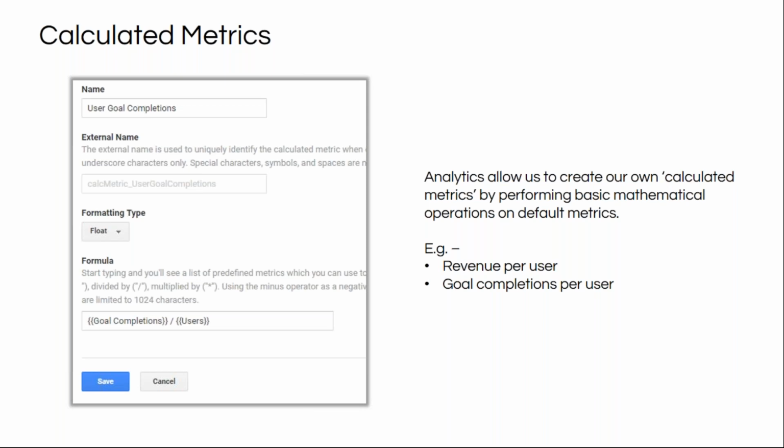What we can do is get the number of transactions and divide it by the number of users. Then it will display the e-commerce conversion rate per user. So likewise, depending on the requirement, depending on the situation, we can do certain basic calculations and have our own metrics to analyze the data.